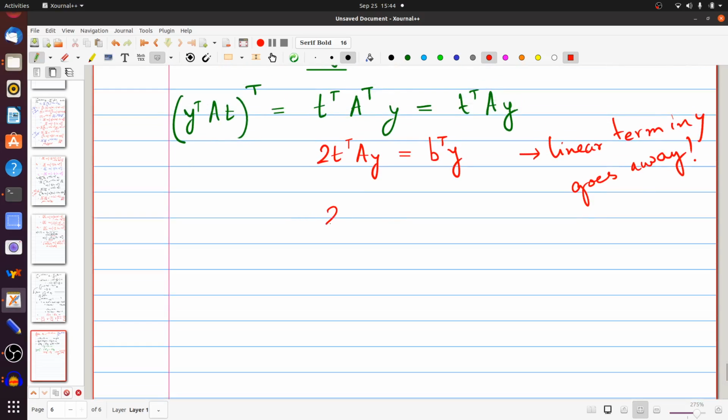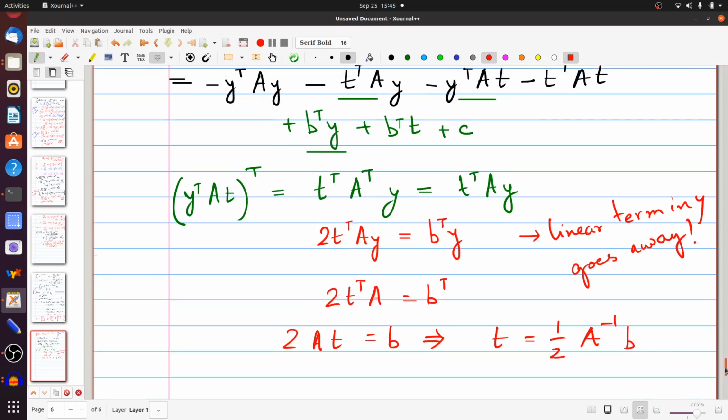You achieve that by demanding that twice t transpose A is equal to b transpose. That's how you choose your t transpose or t, and that means of course twice A t, by taking the transpose, is simply b, which implies t is half A inverse times b, and for the time being we're assuming that A inverse exists.